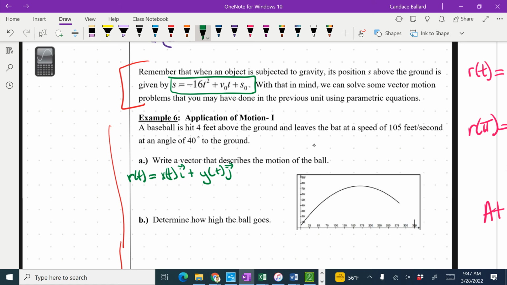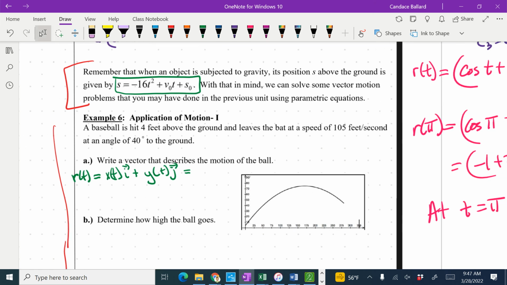I probably don't need to write that, but it reminds you that you need to find an x something and a y something. The x component is only going to involve the velocity piece, so you're only going to look at what's going on here.